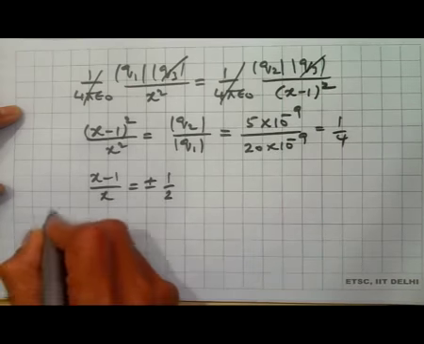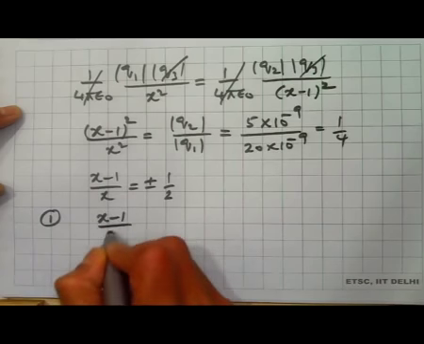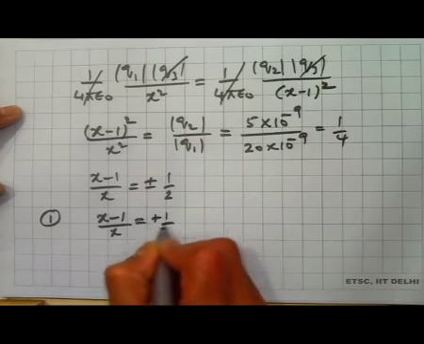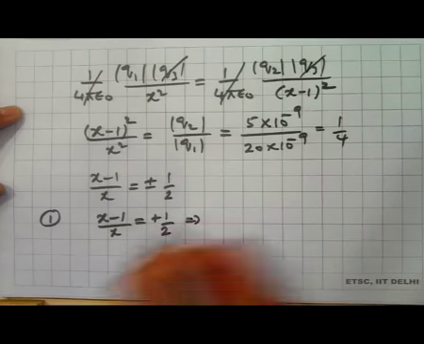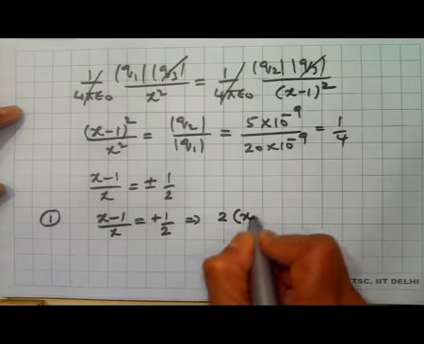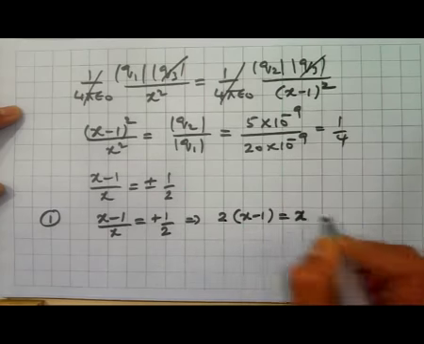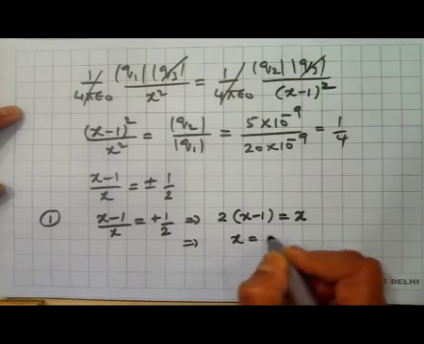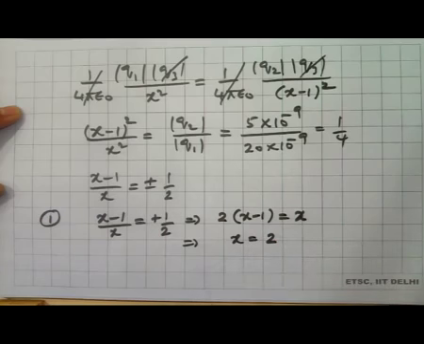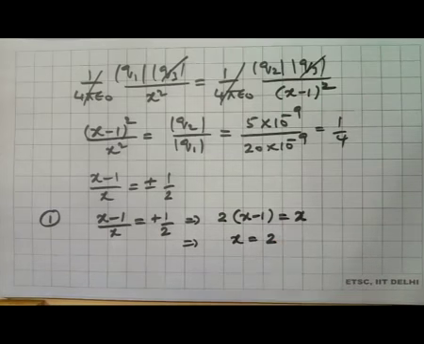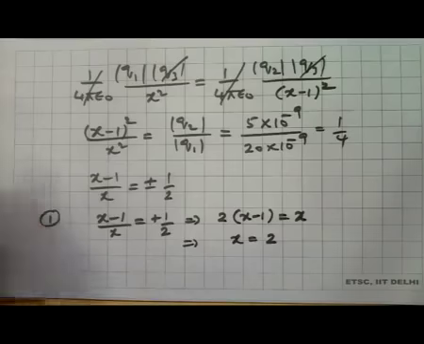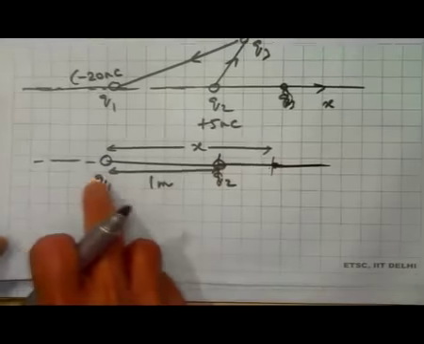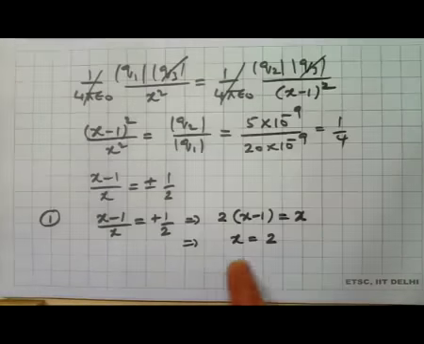So, there are two solutions. One is if x minus 1 by x is equal to plus half, this implies if I cross multiply 2 times x minus 1 is equal to x, which implies x is equal to 2. So, this is one point where the forces of Q1 and Q2 on the Q3 charge are equal.